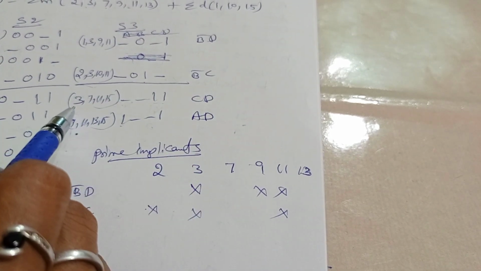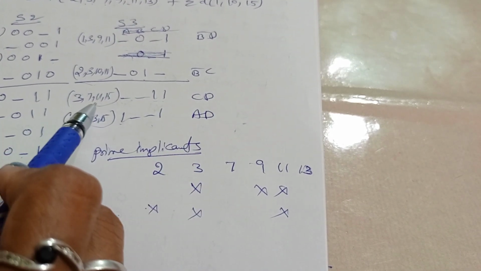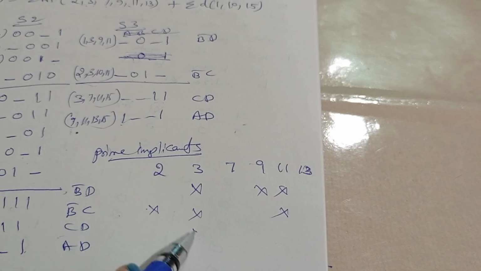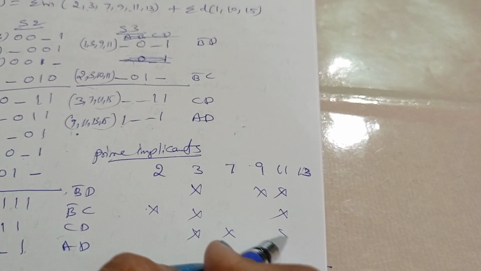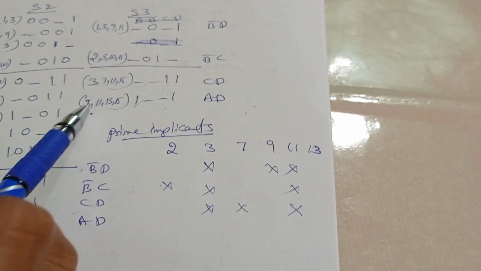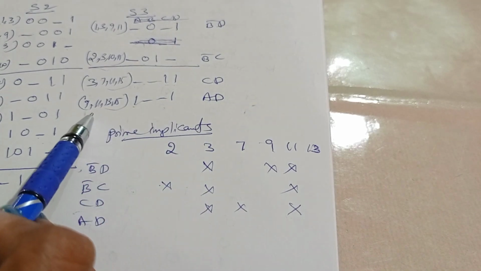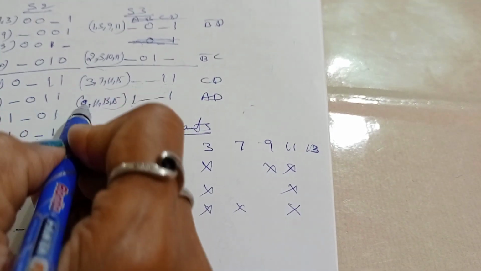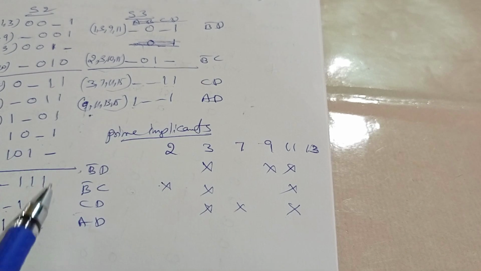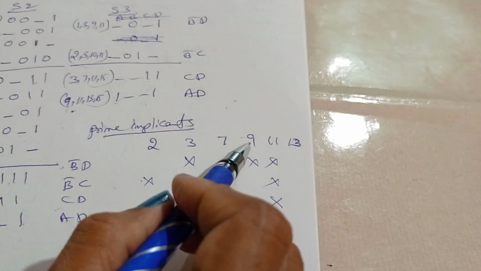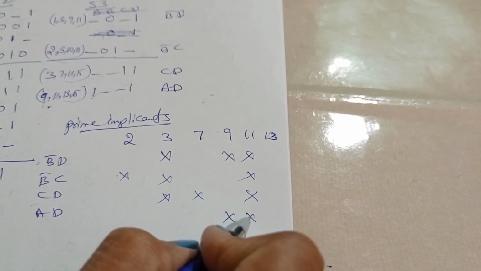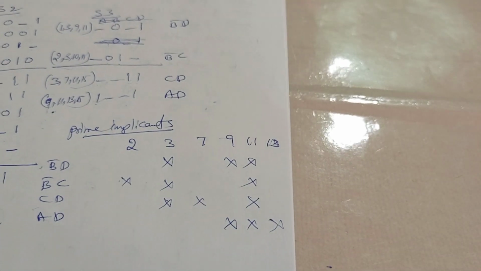Next CD. CD is 3, 7, 11, 15. 3, 7, 11, 15 is don't care. Next AD is 9, 11, 13, 15. 9, 11, 13, 15 is don't care.